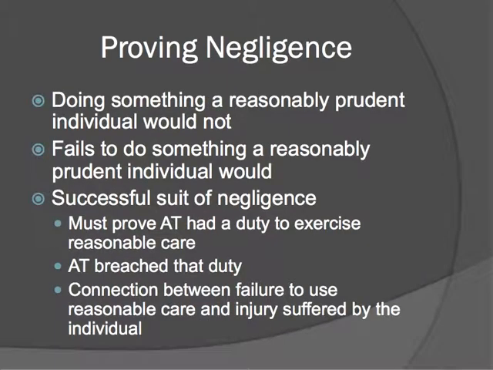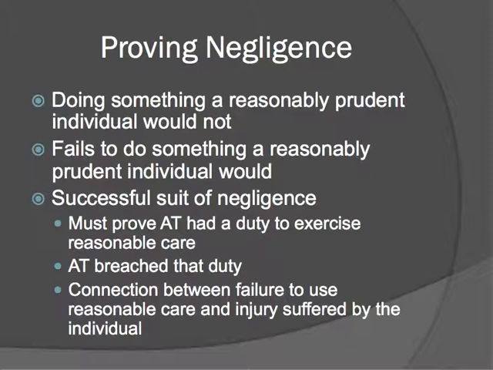So, proving negligence. A caregiver does something that a reasonably prudent individual would not do. A caregiver fails to do something a reasonably prudent individual would do. So there are the ones you failed to do, and the ones that you do, but you do them wrong.